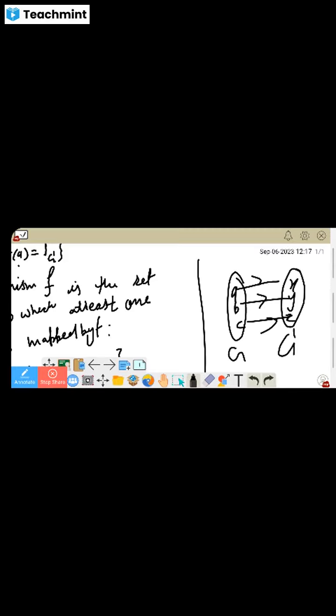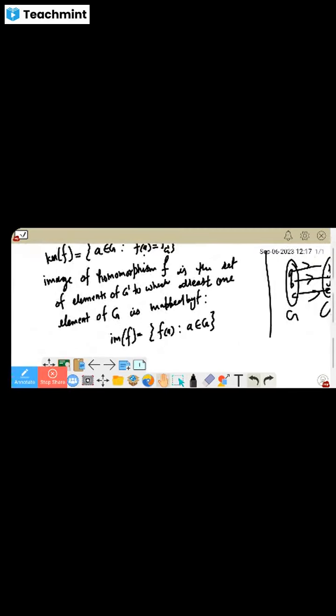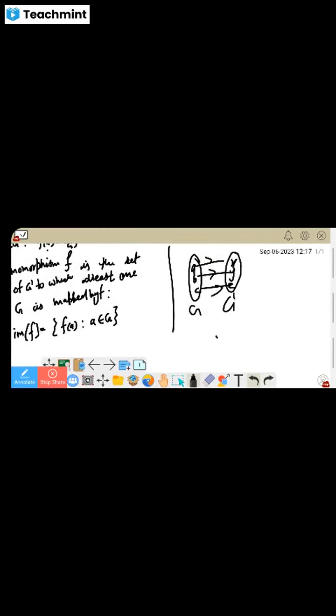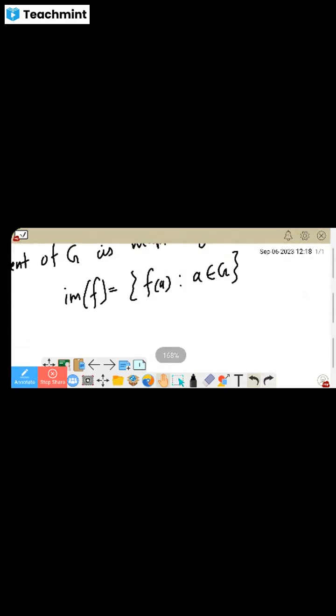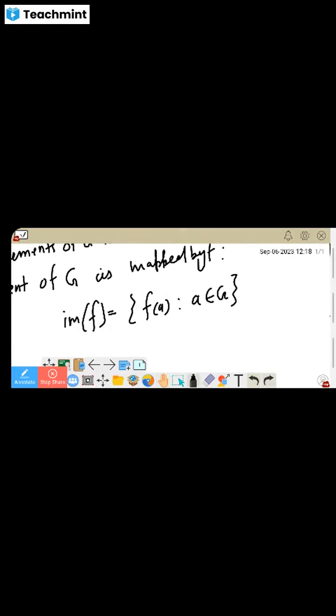Ma'am, basically G dash is the set F, right? This mapping F from G to G dash, so G dash is the codomain. Its elements in the function are said to be the image, and we can define the image of F like this. Because F(A) is the result, as we generally say y is equal to f(x).